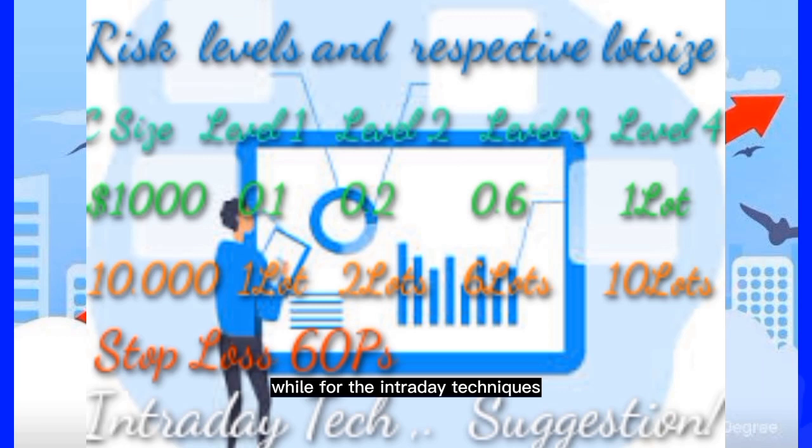While for the intraday techniques, under level 1, for account size of $1,000, the lot size will be 0.1, and under level 2, the lot size will be 0.2. Under level 3, the lot size will be 0.6. Then under level 4, it will be 1 lot.